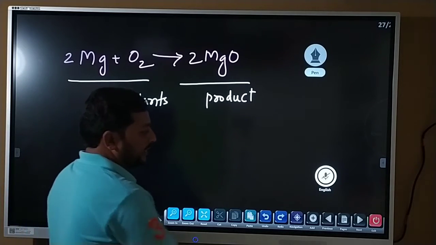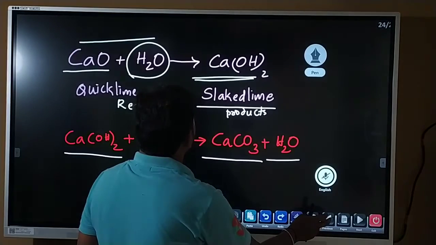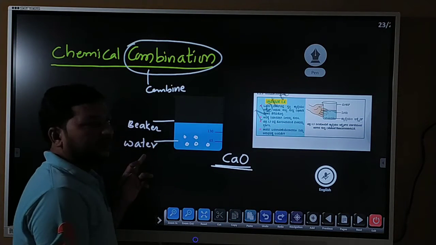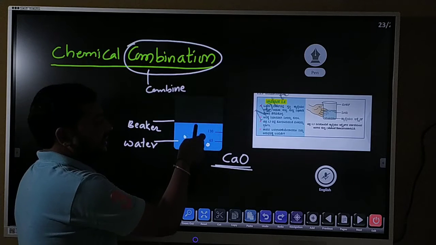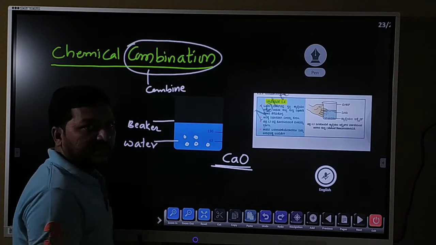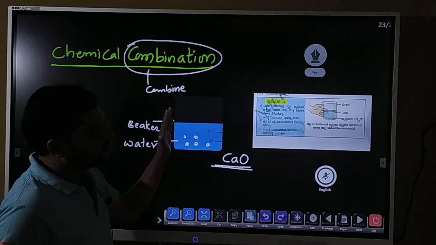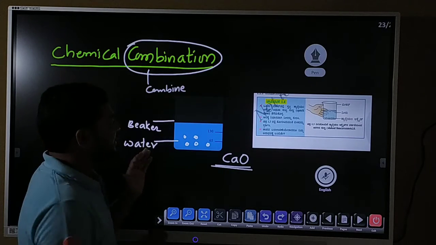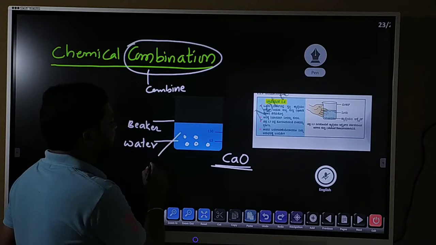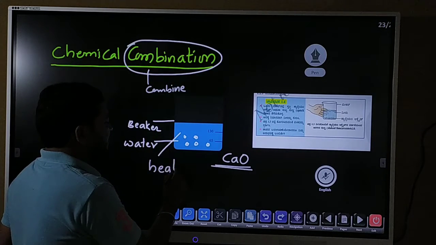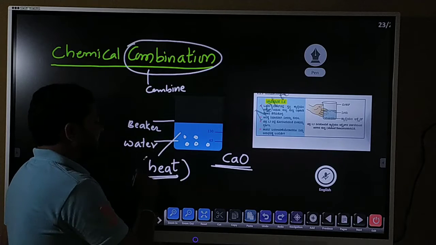One more thing in this experiment: after reacting calcium oxide with water, we get slaked lime. Just touch the surface of the beaker. We feel some amount of heat.